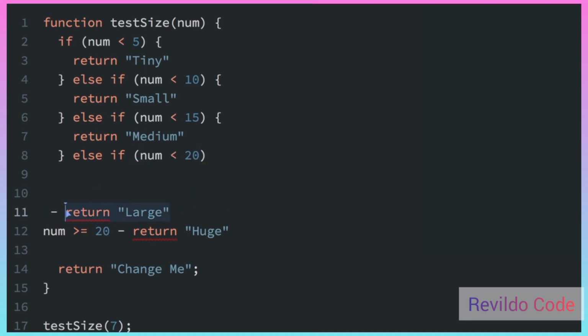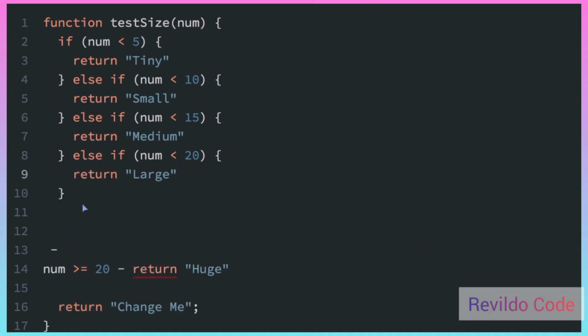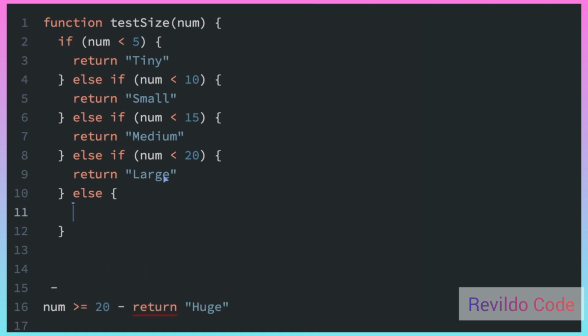Then we have return large. Actually, the final thing is just going to be else. We don't even need an else if at the end. We don't even need to put the condition, because if it's more than or equal to 20, that's going to be everything else. So I'm just going to cut this. We don't need any of this stuff here. And we're just going to return large.